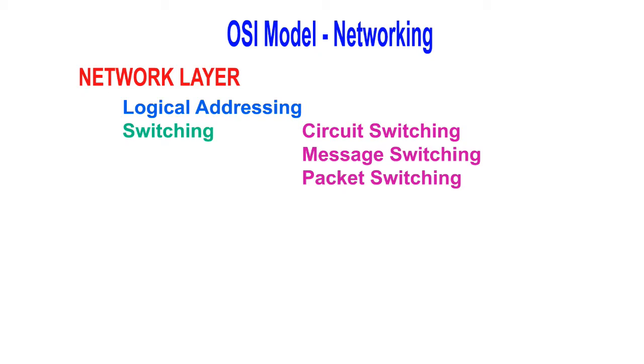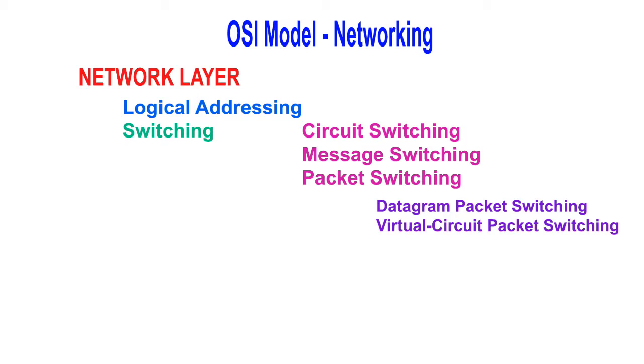Because packets have strictly defined maximum lengths, they can be stored in RAM instead of on disk. This makes store and forwarding faster and easier. Packet switching routers use two different strategies: one, datagram packet switching, and second is virtual circuit packet switching.